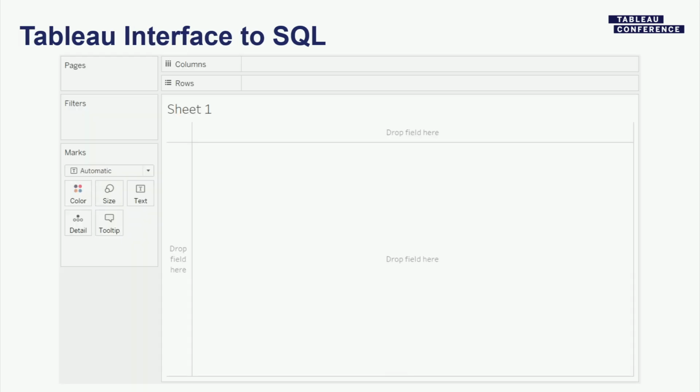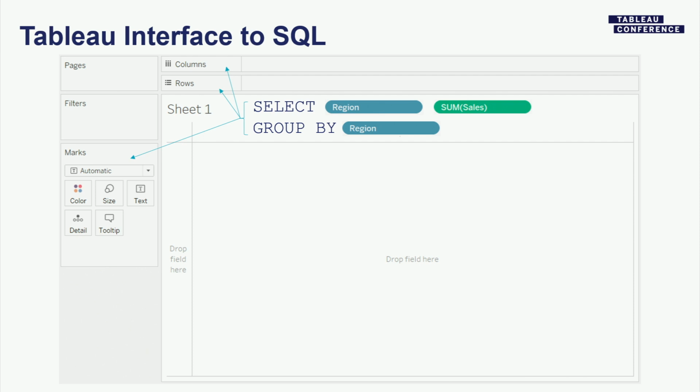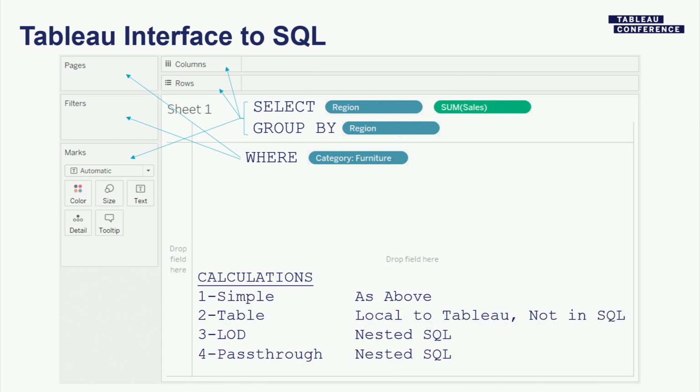So how do we do that? Actually, we interact with the blank canvas. You know that. When you put fields on columns and on rows or marks, it will add fields to the select clause of your query and the group by clause. And if you use pages or filters, it will put them in a where predicate.